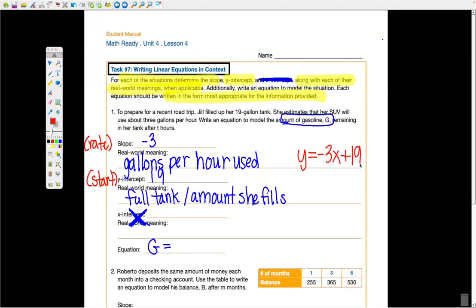But the only thing I'm asking you to do is use the letters they're giving you here, meaning the G for gasoline and T for hours. So it's going to be G equals, what do you think? Thank you. It's going to equal -3, and we're using T for hours. And then that is plus 19 that she starts off with.